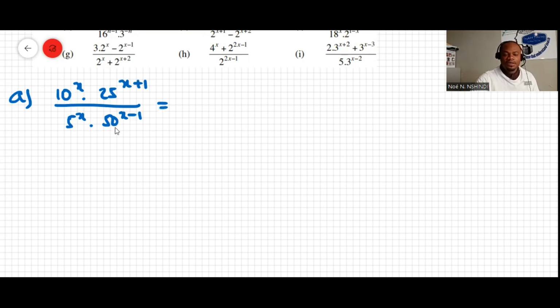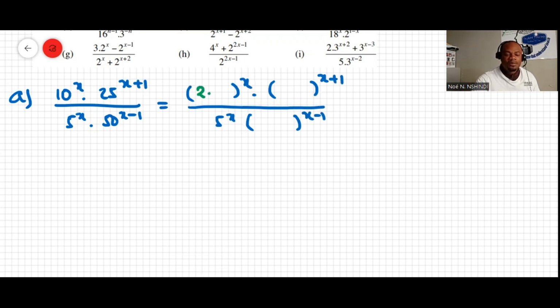If you split 10 as a product of prime factors, it can be written as 2 times 5, okay? 2 and 5 are prime numbers.